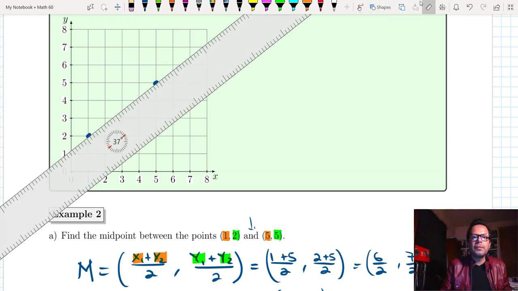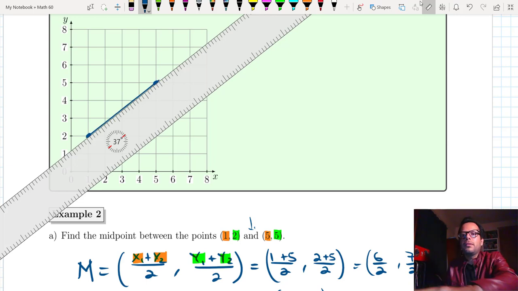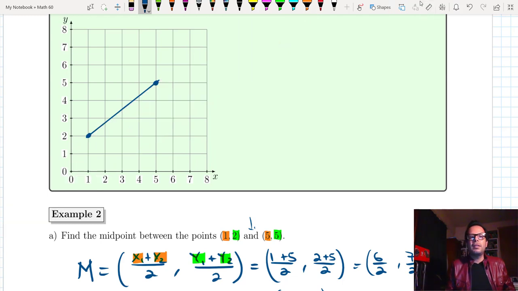All right, I think that's good. So this is the point 1 comma 2 and this is the point 5 comma 5.